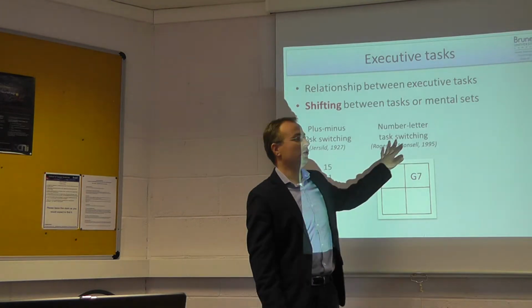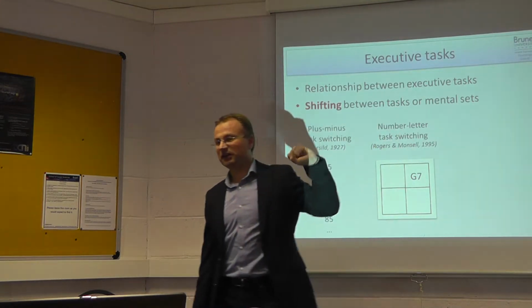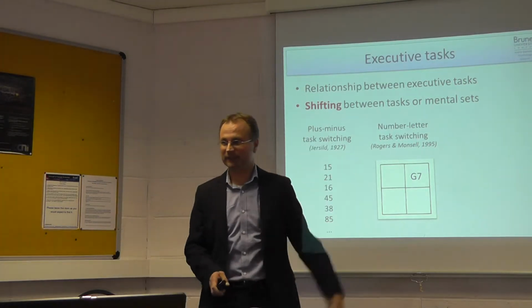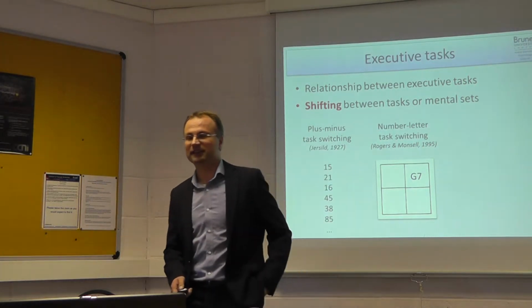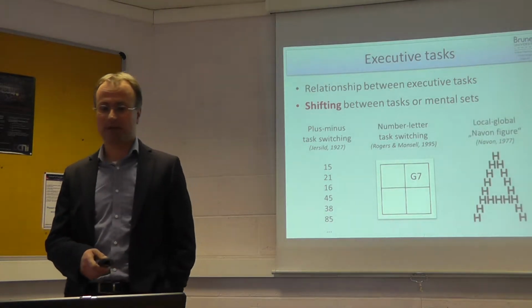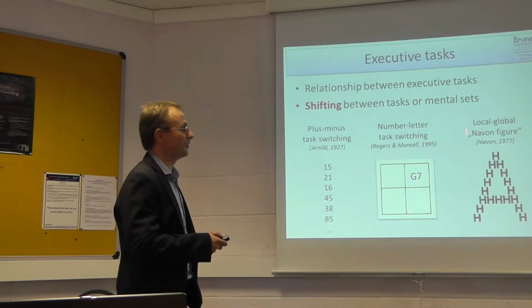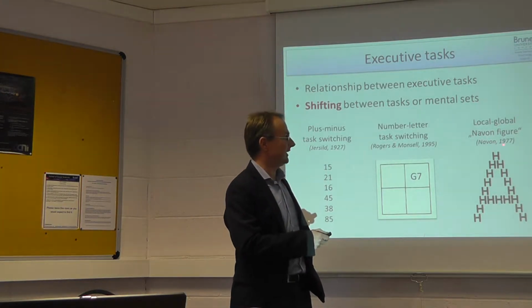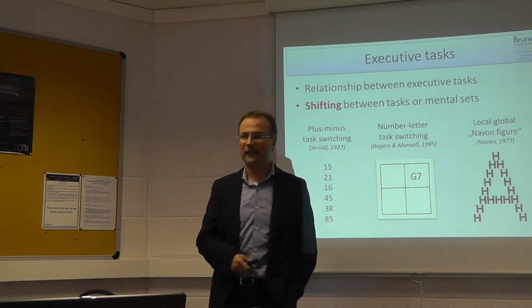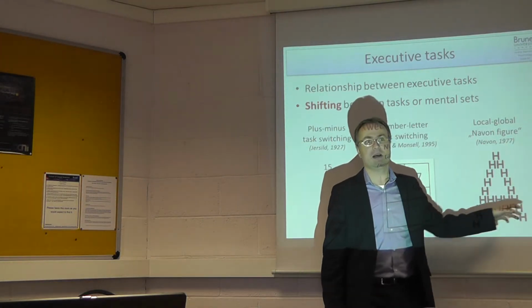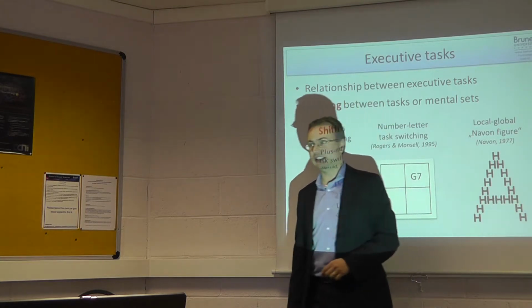I note these authors here, but they often based their task on that and modified it somewhat. But this is the basic idea. And a third task, which we didn't speak about so far, is a local-global task. It was developed by Navon, and so it's called a Navon figure. You have a large letter A made up of small letters H.